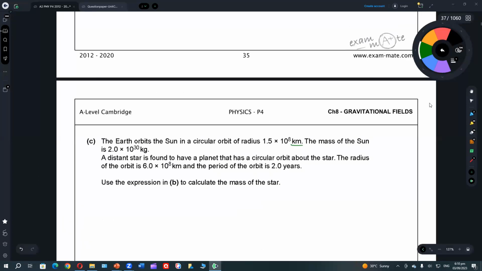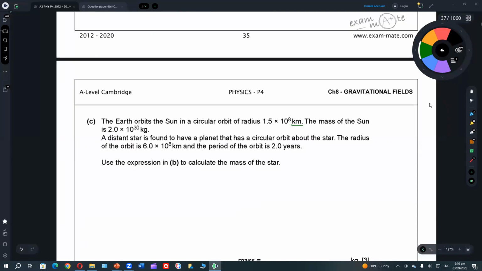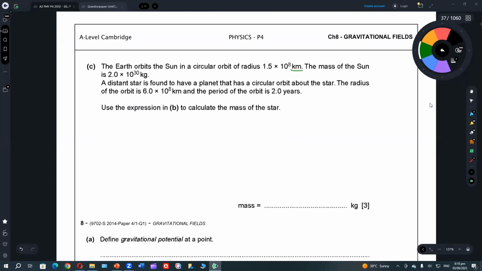We have the formula R cube omega square is equal to GM. Now, something we have discussed in our class, that ratio method can be applied on any case.